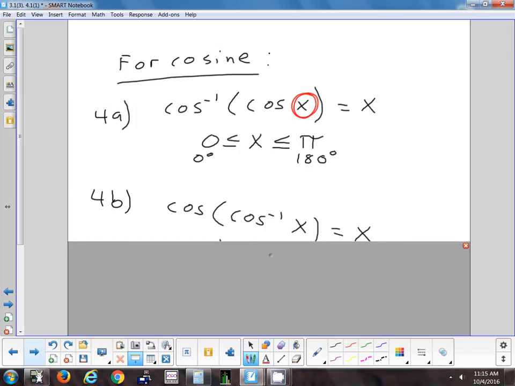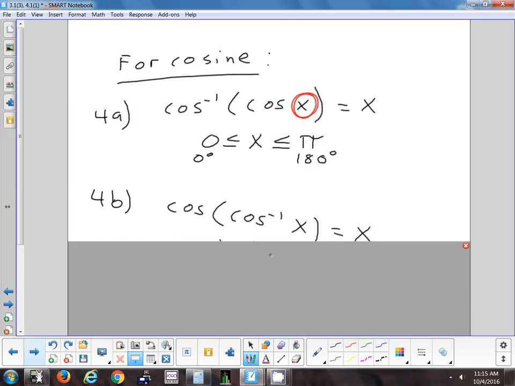All right, and the other formula, okay, all we're going to do again is switch it, put the inverse on the inside. And the restriction here has to do with how high and low that wave goes. So sine and cosine pretty much have the same wave pattern.